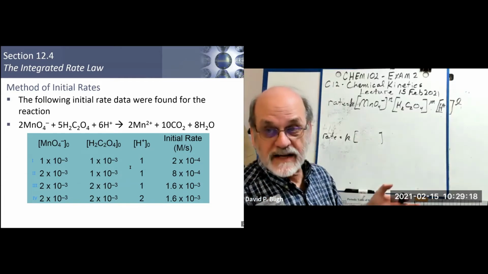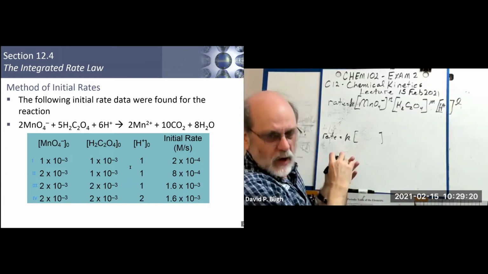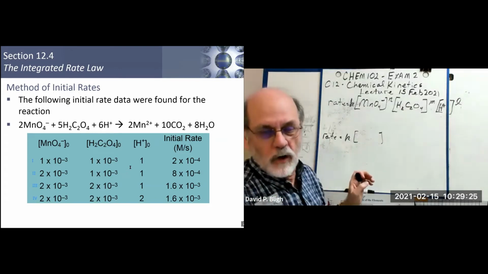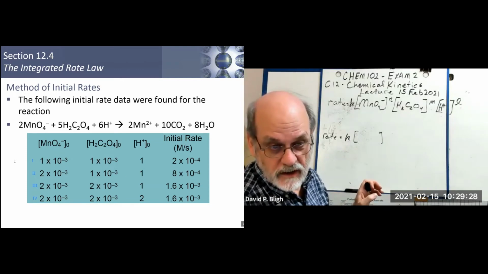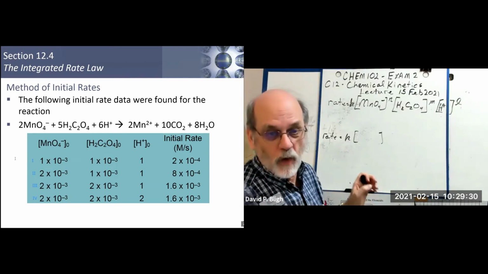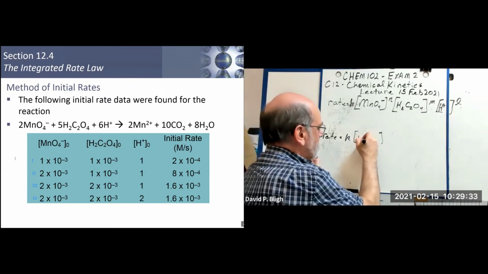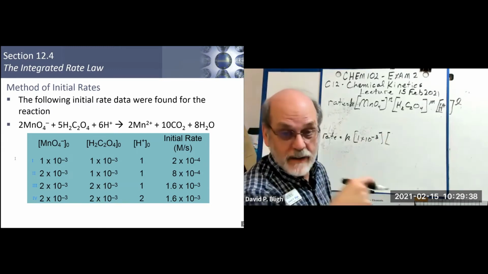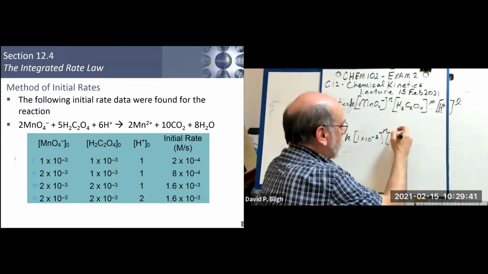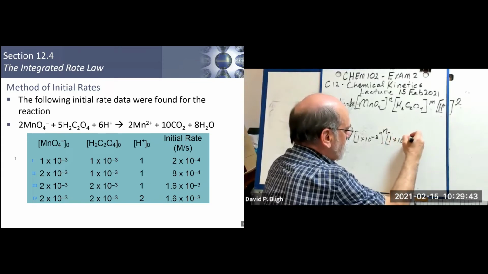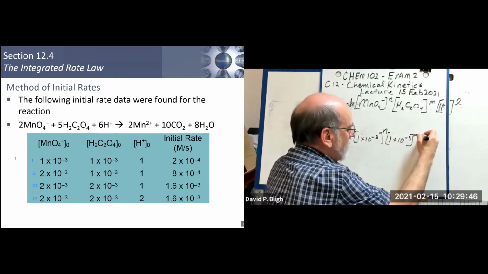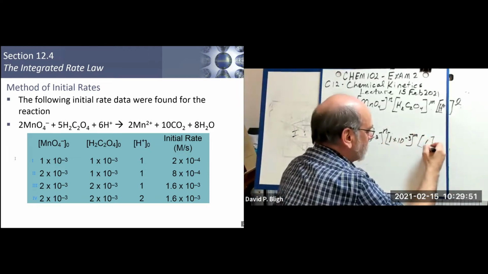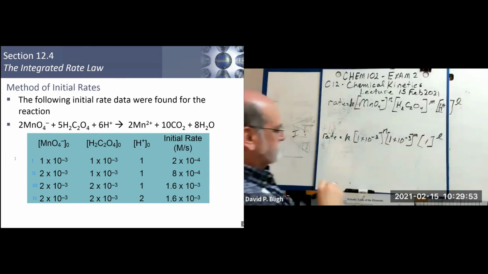So that would be 1 times 10 to the minus 3. Now, the second concentration here is 1 times 10 to the minus 3, and this is to the n power. That's to the m power. And this is 1 to the L power. Okay?